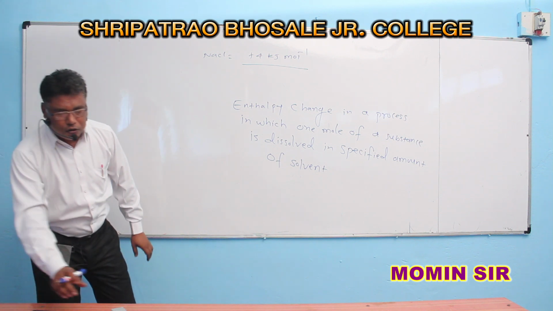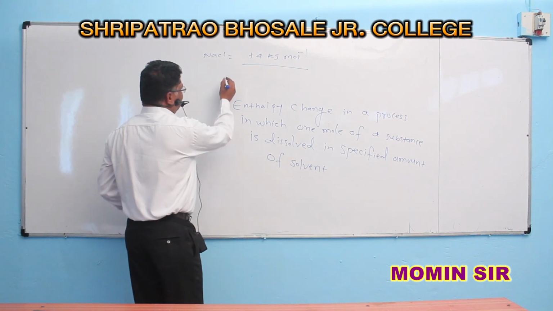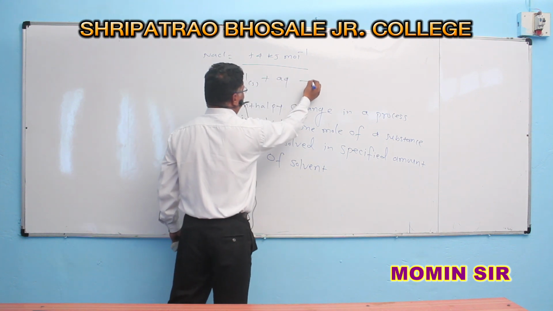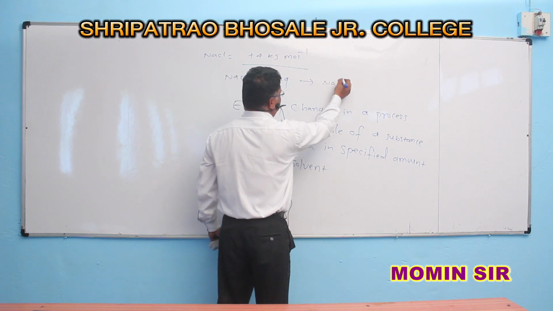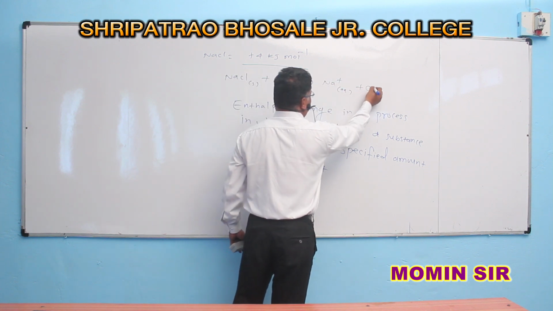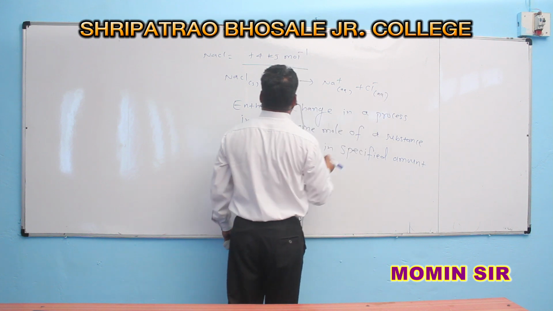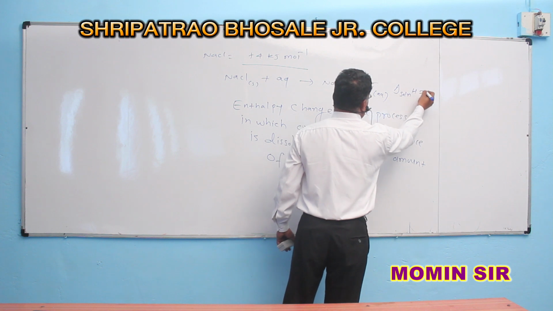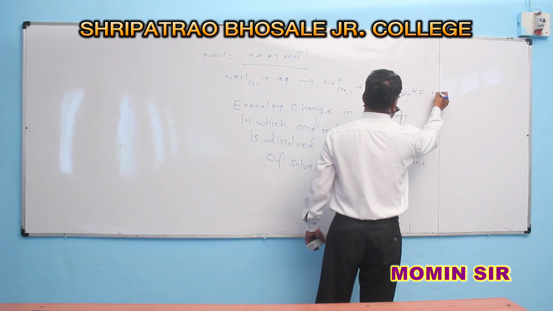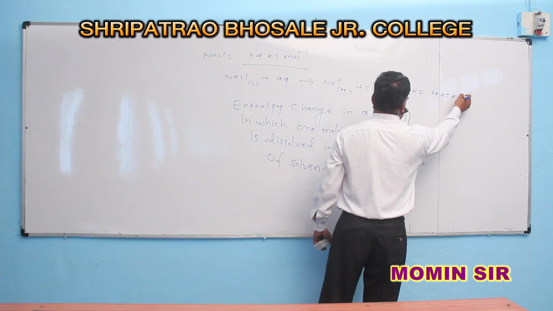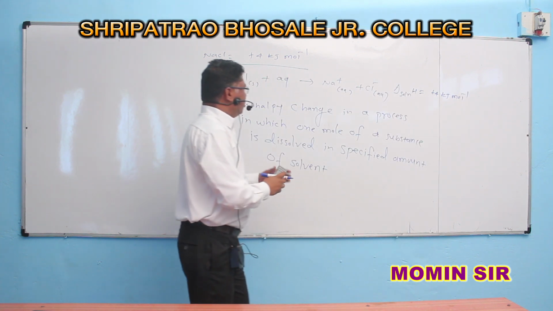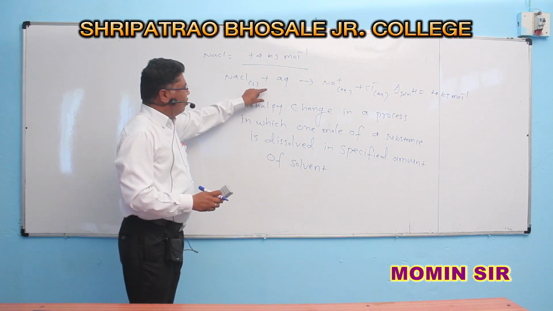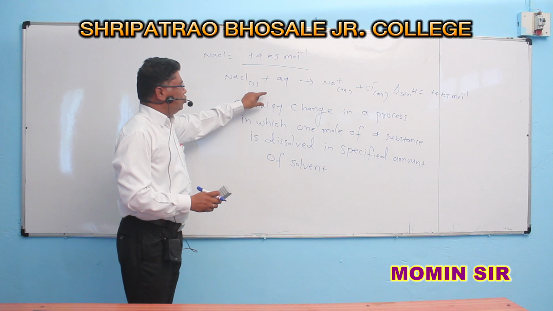Now, NaCl solid, when dissolved in water, gives Na plus aqueous plus Cl minus aqueous. So delta H solution for this is plus 4 kilojoule per mole.